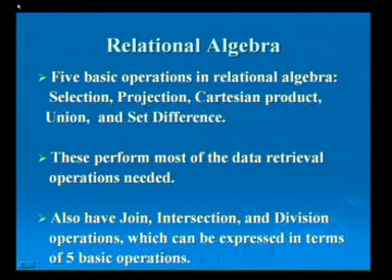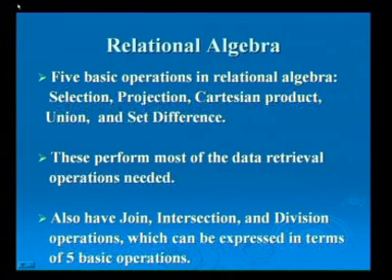And there is another categorization, that is set operations, such as union, intersection, set difference, and Cartesian product. Then others like selection, projection, and join operations have been developed specifically for the relational database model.